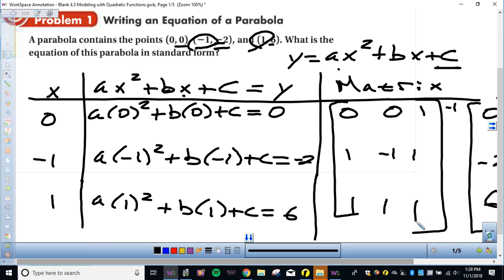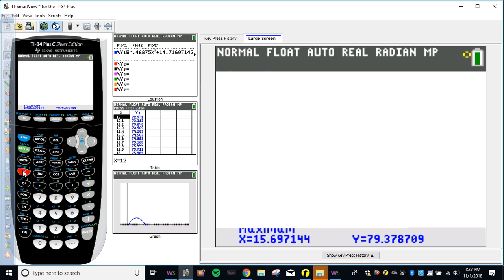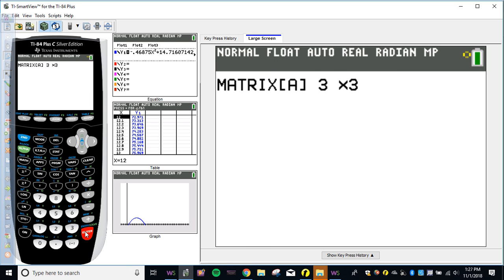So we're going to plug that in, second matrix to do so. You'll see, if you didn't get them down, you'll see them now because I have them in already.